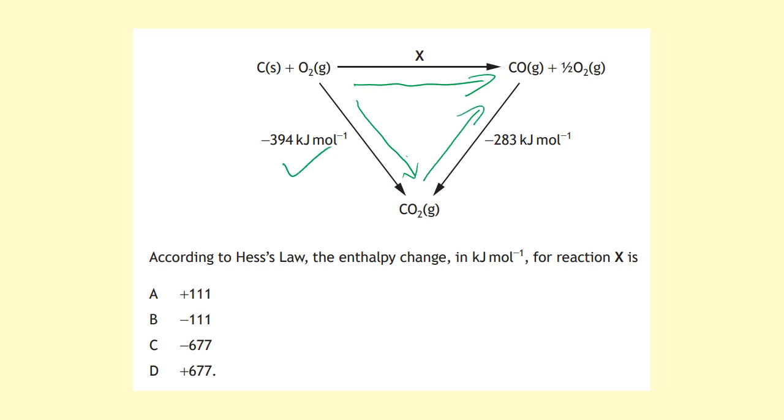So this number is correct, but for this one, the arrow's the wrong way. So we would have to flip the arrow, meaning we need to change the sign. So it's going to be negative 194 plus 283, which is going to be negative 111.